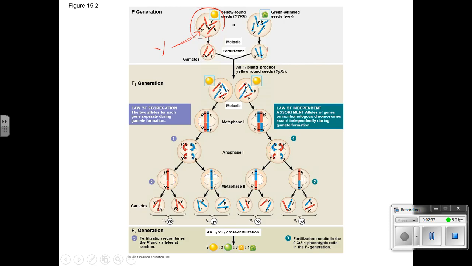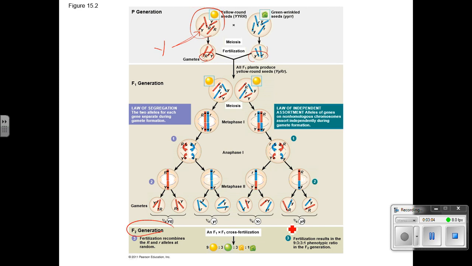So if this was the parental generation here, this produced their egg and sperm, and then those would come together, and then from there, these organisms, this is passed on a big R, big Y, little r, little y. So they have both of these, and then these are going to undergo meiosis, and they're going to produce their own gametes that then can make the next generation. The F2 generation is a combination of mating the two of the F1s.